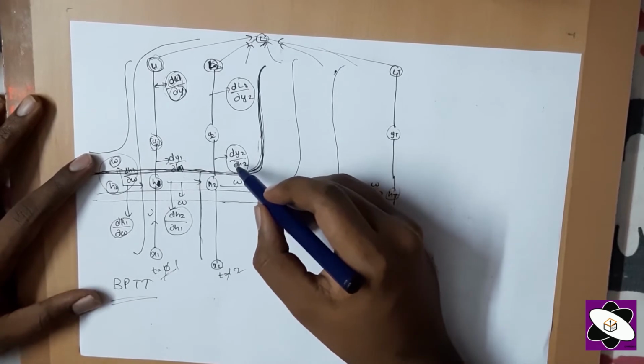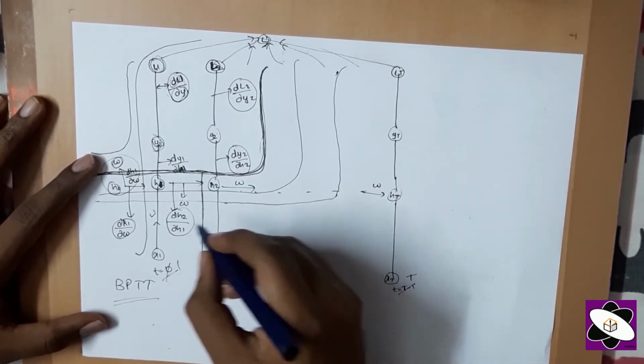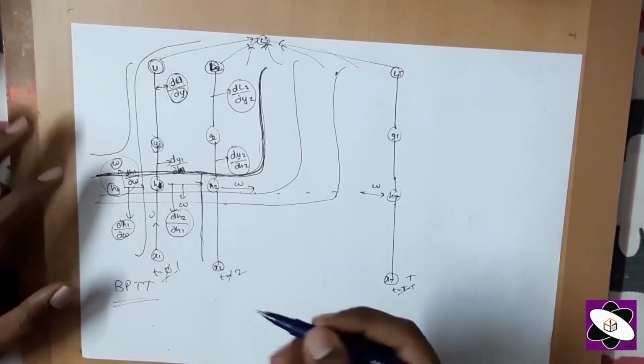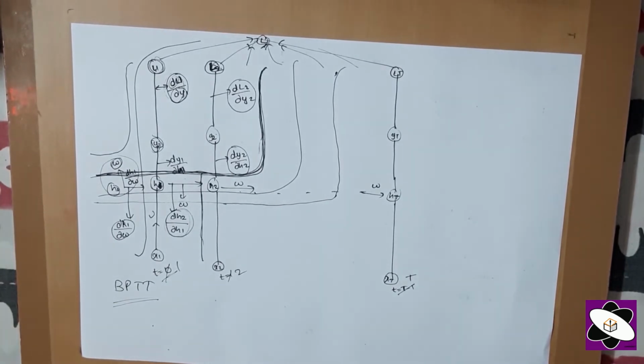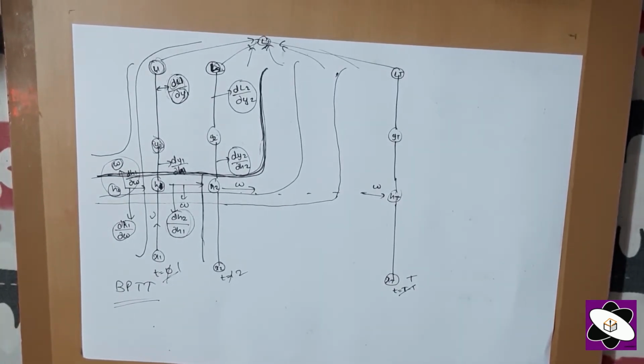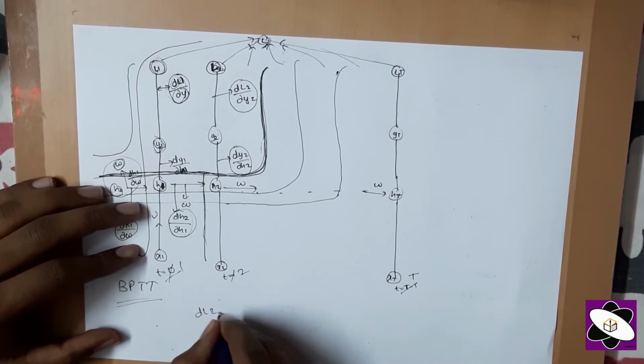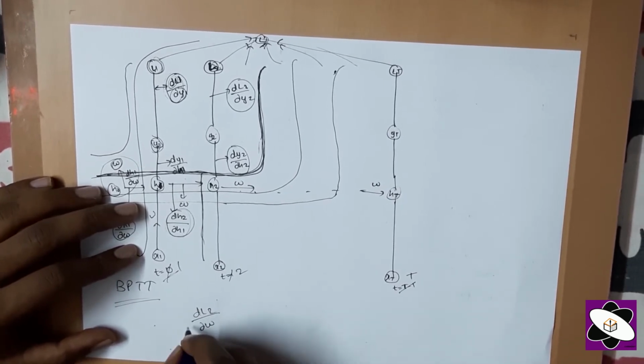So now we need to calculate and solve these gradients also, to show you how back propagation through time happens. We'll see how we can find dL2 by dW, so that you can get an initial idea.